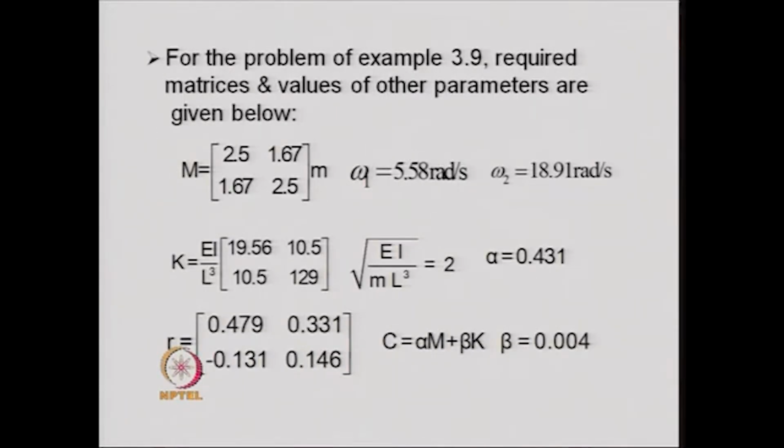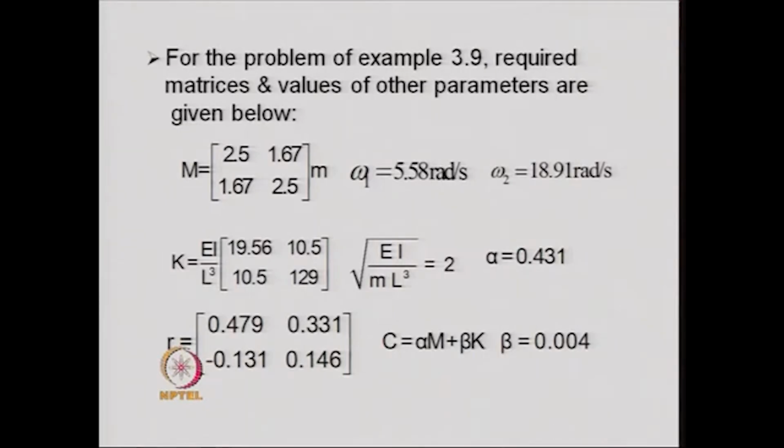We now solve another problem in this class, the problem of the pitch roof portal frame, in which we had 2 degrees of freedom, if you recall: one as the sway degree of freedom on the left hand side, and the other a vertical degree of freedom at the crown.